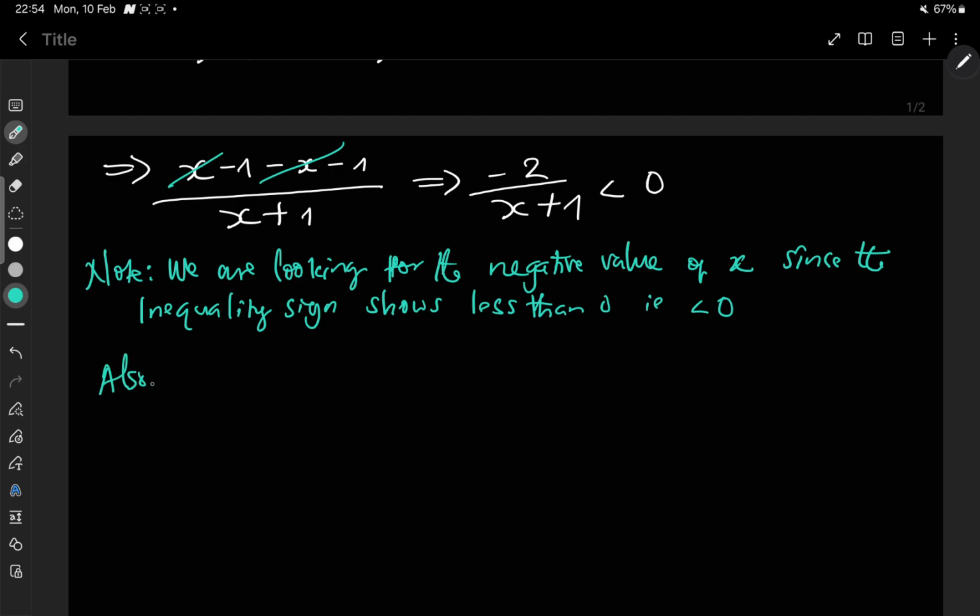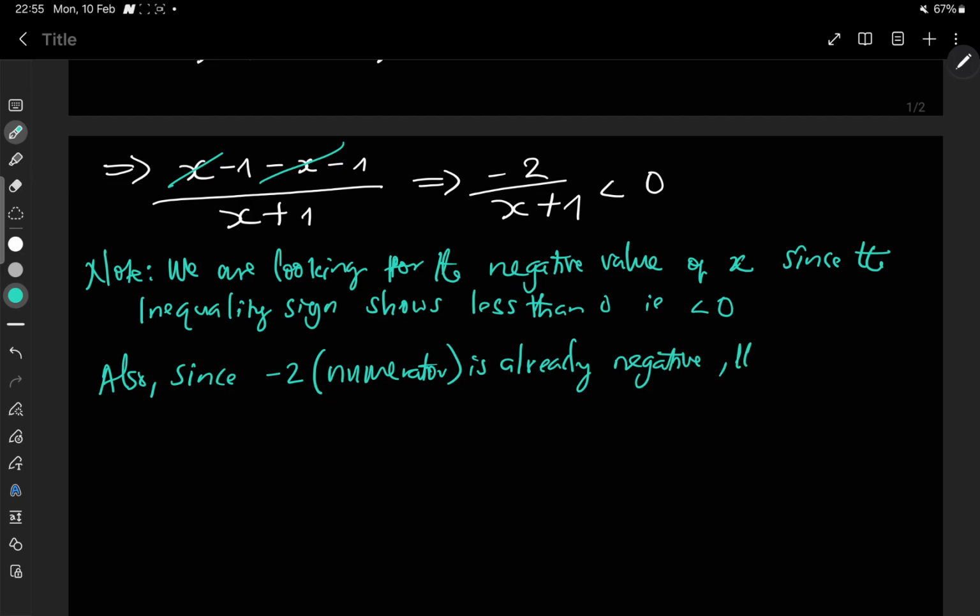Also note, since minus 2, that is the numerator, is already negative, the whole fraction will be negative when x plus 1 is greater than 0.